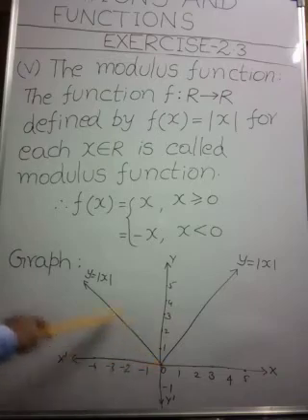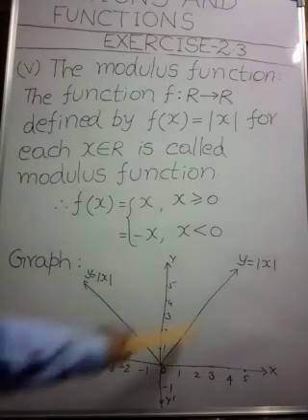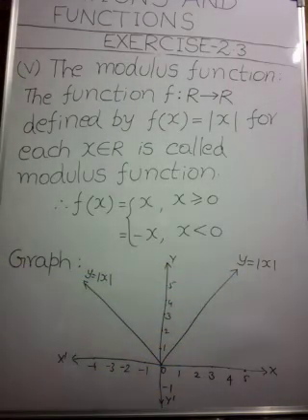This line and this line, this curve is the graph of the modulus function. If you observe, the range of this modulus function is positive real numbers. Okay, my dear children? Right.